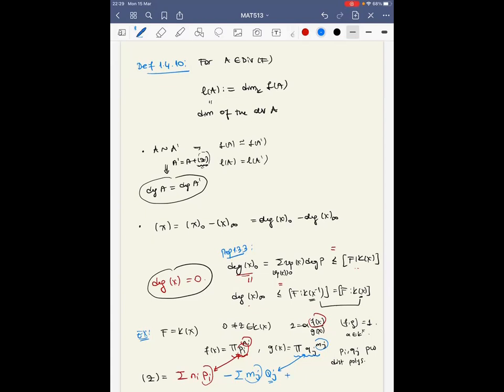And finally, we will also always need to consider the pole divisor at infinity. Here P infinity denotes the pole of x.